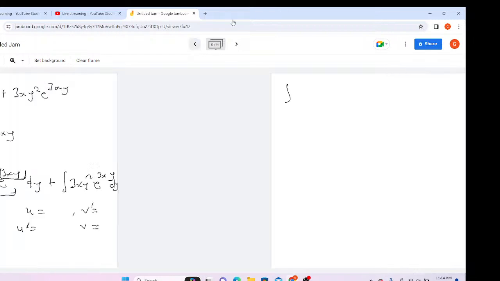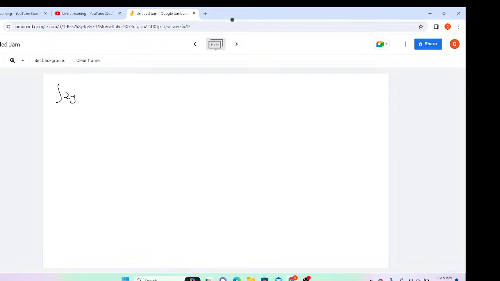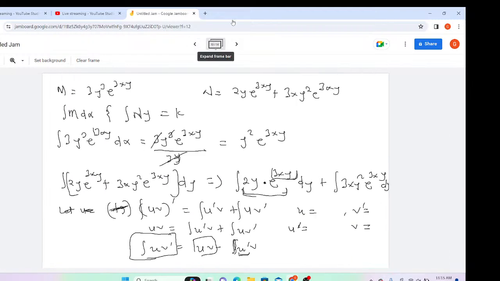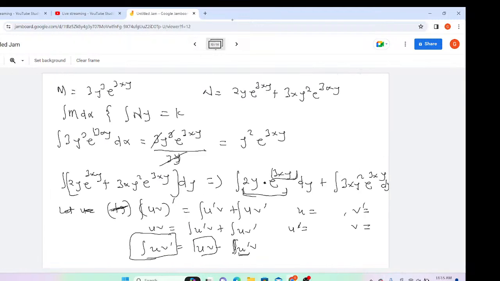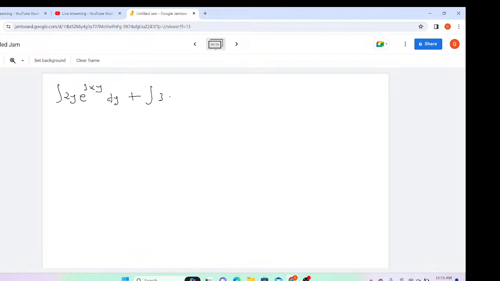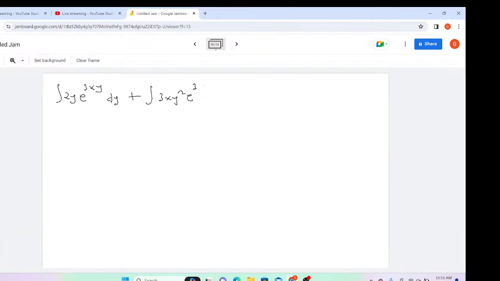So we have the integral of 2y e^(3xy) dy plus the integral of 3xy squared e^(3xy) dy.